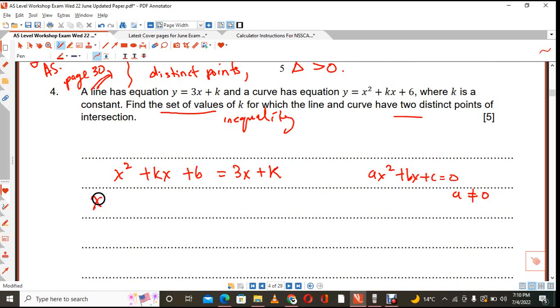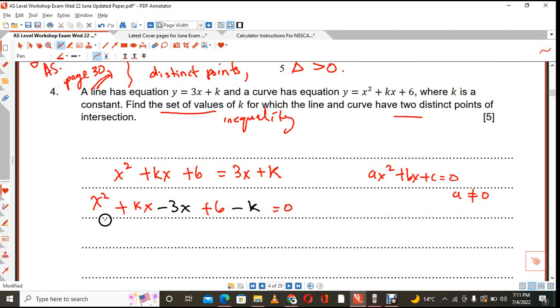So it's going to be x squared plus kx minus 3x, you follow? Then plus 6, and you bring the other constant over, so minus k, equals 0.